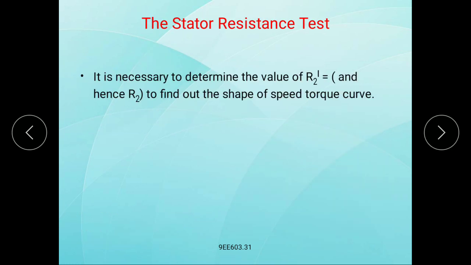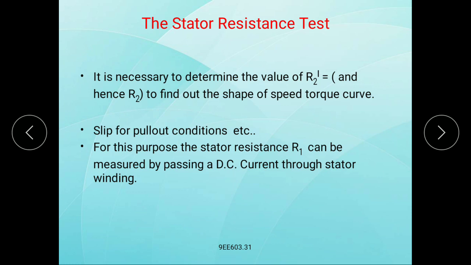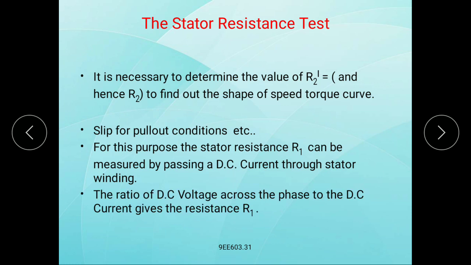The stator resistance test is necessary to determine the value of R2 dash and hence R2, to find the shape of the speed torque curves and slip for pull out conditions. For this purpose, the stator resistance R1 can be measured by passing DC current through the stator winding.